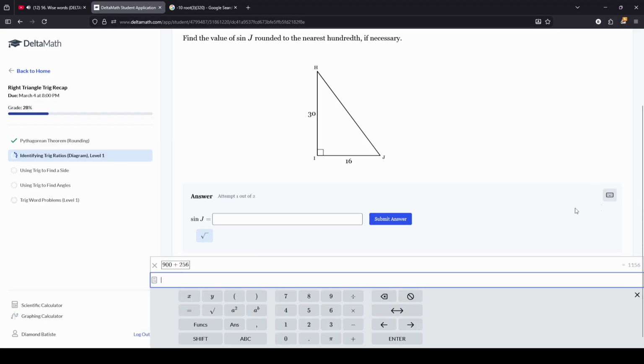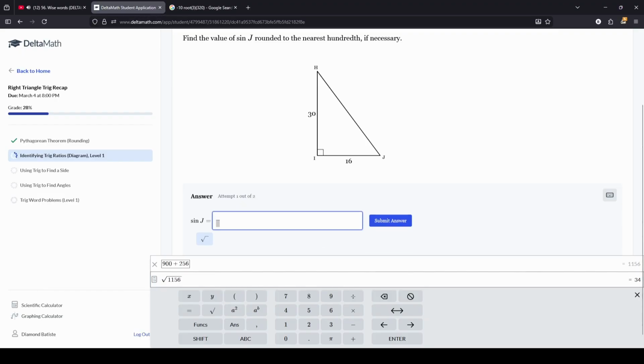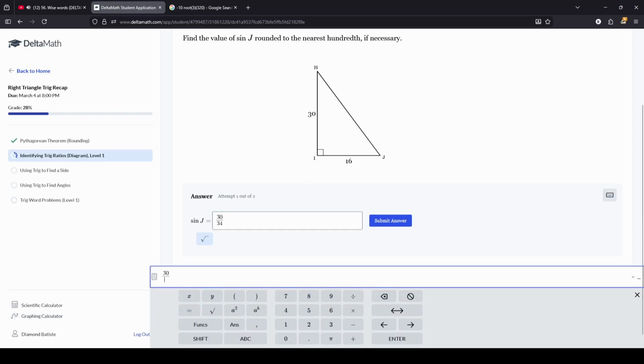Okay, and then we shorten it. 1156 gets us 34. Okay, and then since it's this, the hypotenuse goes at the bottom, so 34 bottom. The S, so that's 30. Alright, and then we put that in here too, which gets us 0.88.